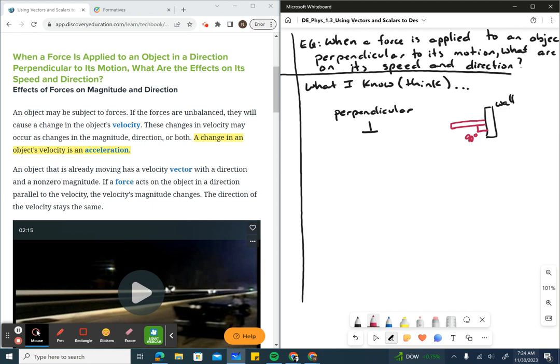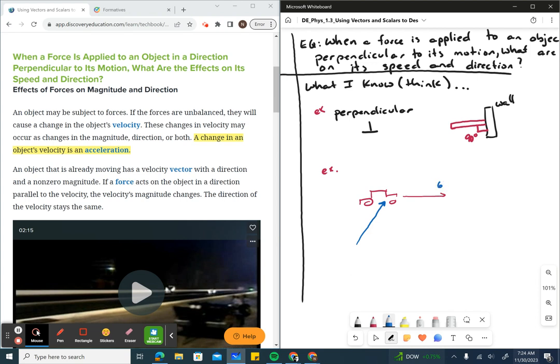Okay, so then by extension, examples of perpendicular, if you have a car and the car is moving in this direction and some other force comes in and pushes the car while the car is traveling.